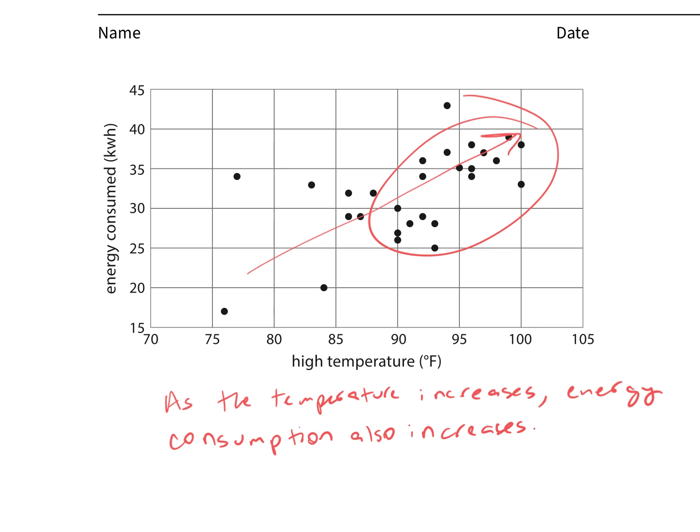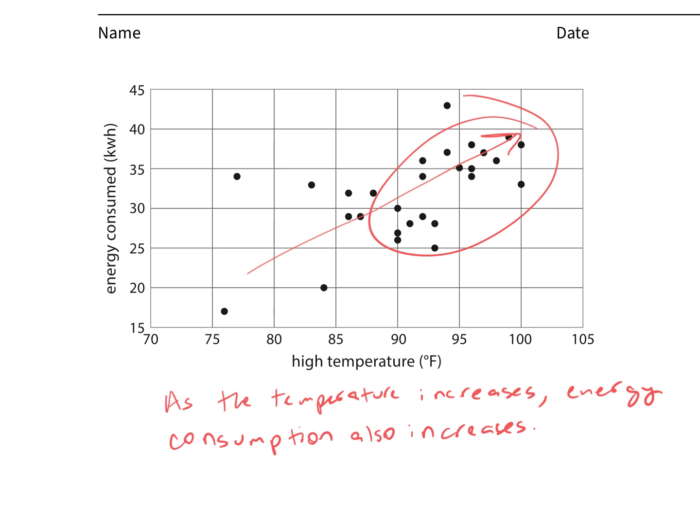So the other points might be farther away from what would be considered a good line of fit, because some people don't necessarily run their air conditioning when it's in the 80s. Some people do. It just really depends on preference at that point. But once you hit high 80s, most people are definitely going to have their air running.